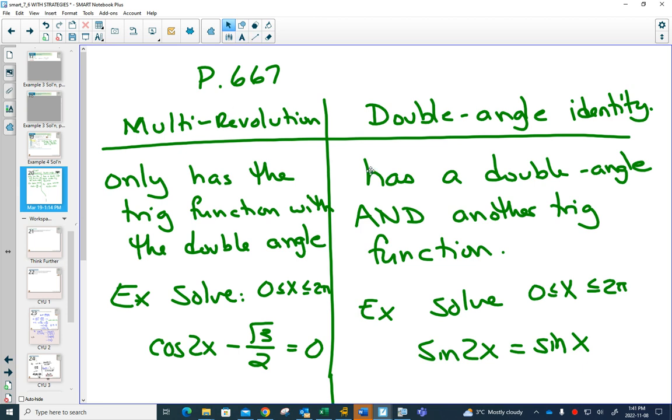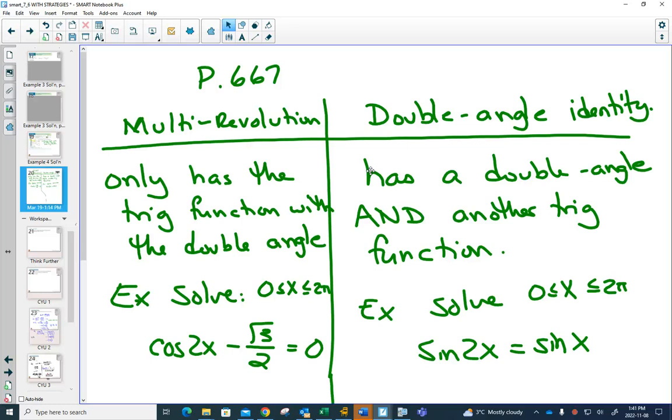Continuing on page 666, or if you have to go to page 667, that is fine. Things just got more complicated because we got more formulas. At the beginning of this unit, we did multi-revolution questions with a 2 theta or a 2x.